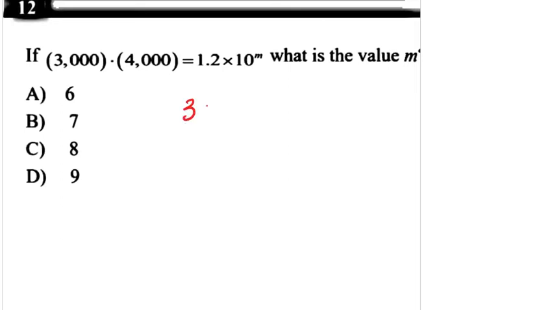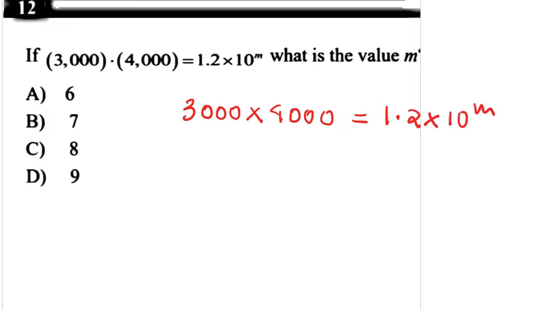This is given as 3000 into 4000, that is given as 1.2 into 10 to the power m.